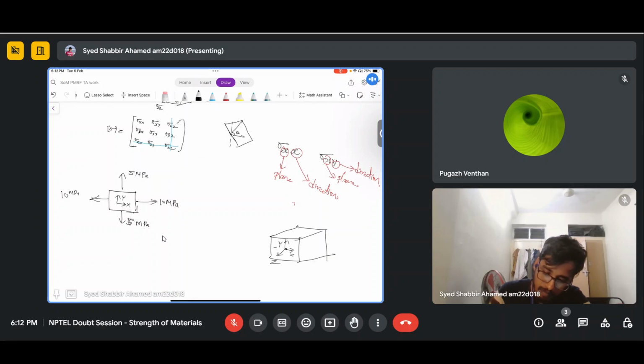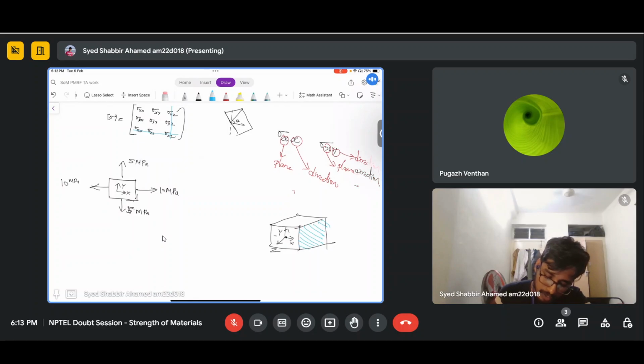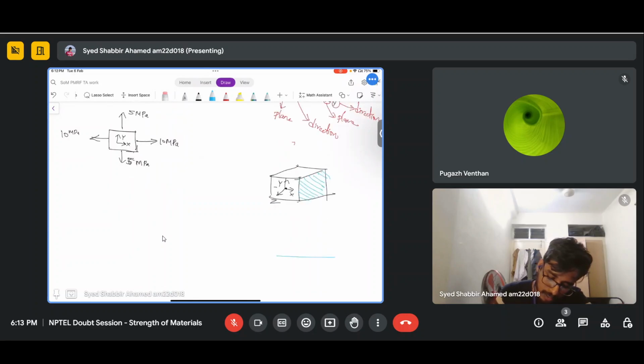So this plane is the x plane, because if I show it like this, this plane is on the x axis, and this plane is perpendicular to the x axis.